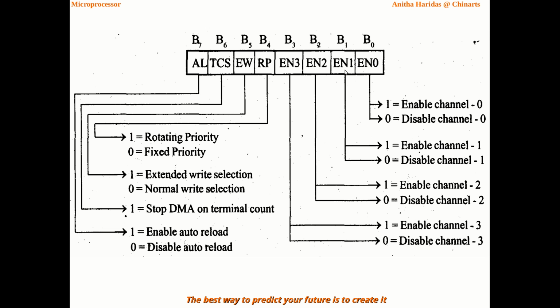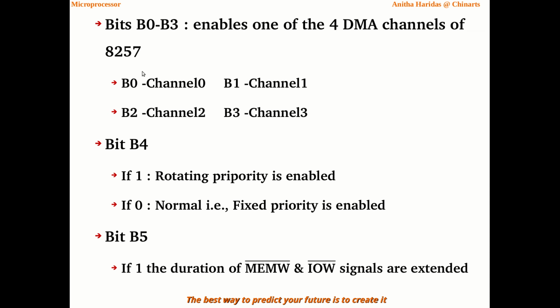Depending upon the bit values available here, the corresponding channels will be enabled or disabled, or these different operations will be performed. So bit 0 to bit 3 are used for the 4 different channels, and bit 4 is used for the rotating priority or the fixed priority.